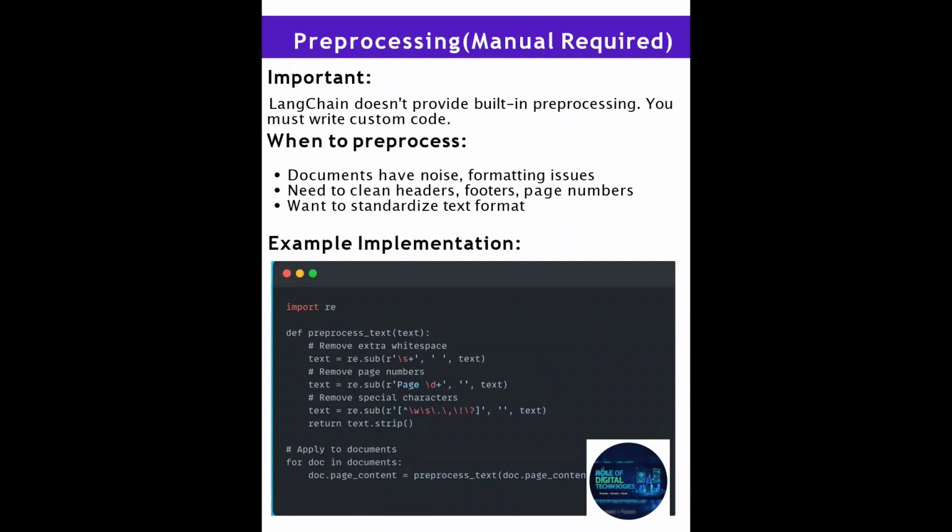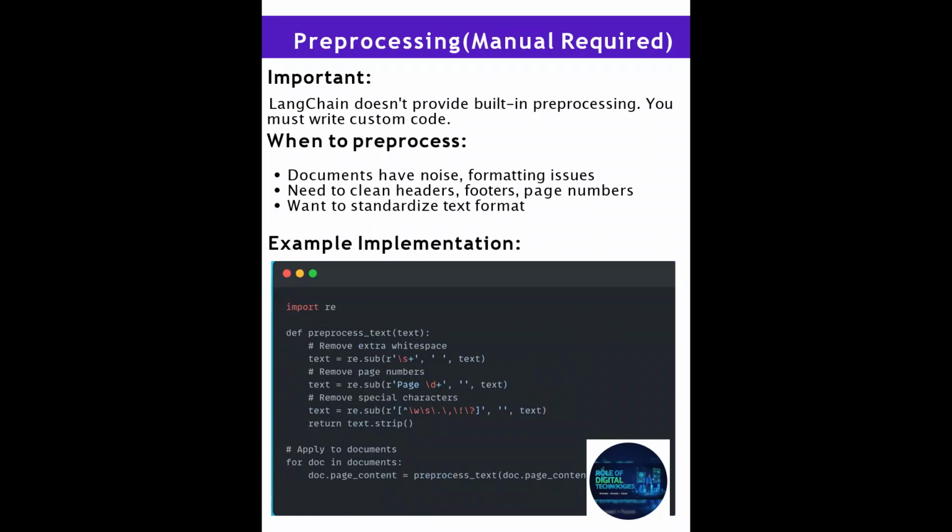Pre-processing is manual, required. Important thing: LangChain does not provide built-in pre-processing. You must write custom code. When to pre-process: when the document has noise or formatting issues, you need to clean headers, footers, page numbers, and want to standardize the text format.